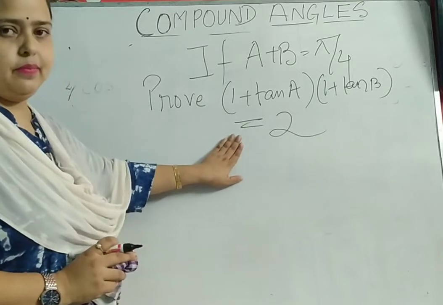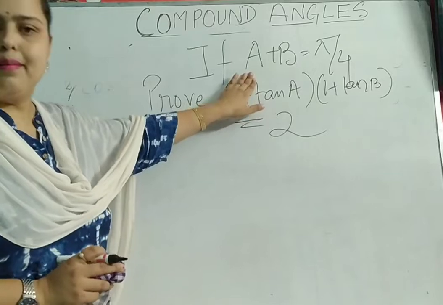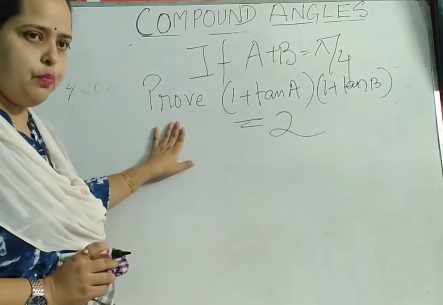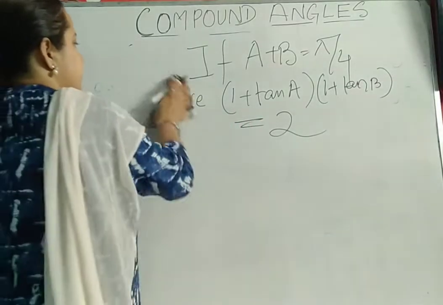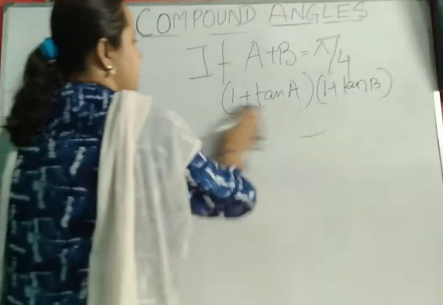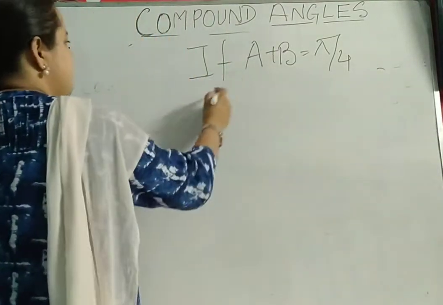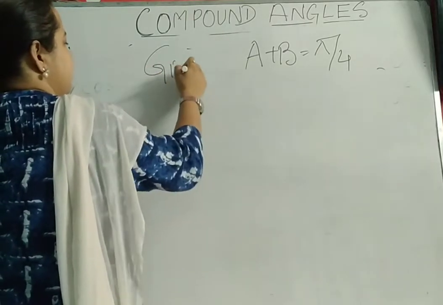How to do it? Let us understand with the help of compound angle formulas. So please look at it. We need to prove it to be 2. So am I starting with the LHS part or RHS part? No, I will be starting with the given part. This is given.